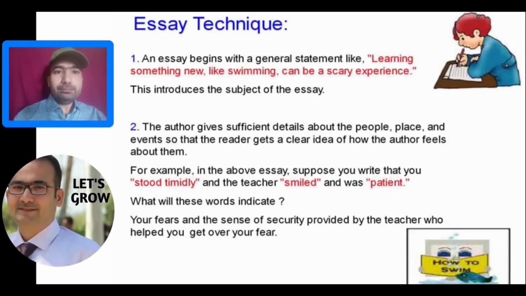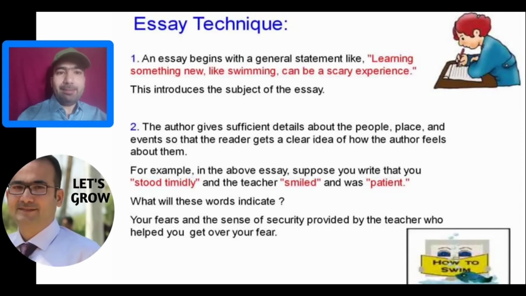Number 2, the author gives sufficient details about the people, place, and events so that the reader gets a clear idea of how the author feels about them. For example, in the above essay, suppose you write that you stood timidly and the teacher smiled and was patient.